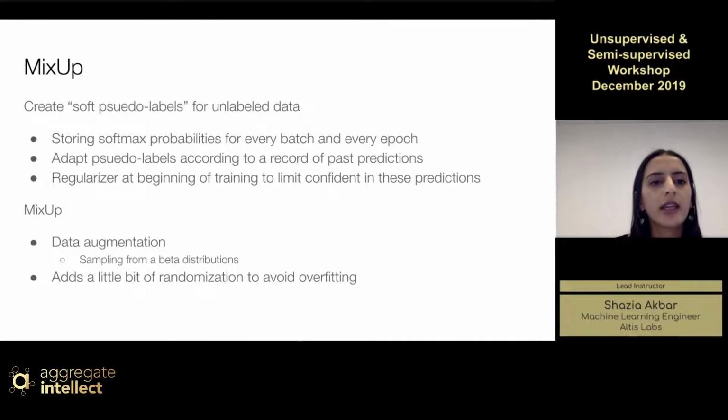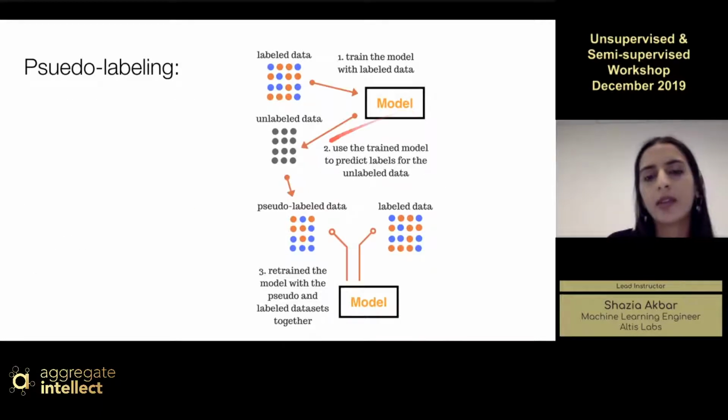I came across one particular adaptation of pseudo-labeling when I was doing my research, and it was called MixUp. It was a really interesting technique because instead of just pushing unlabeled data through our model and gathering pseudo labels, it did that, but it also recorded what kind of pseudo labels it was getting as it was training the model.